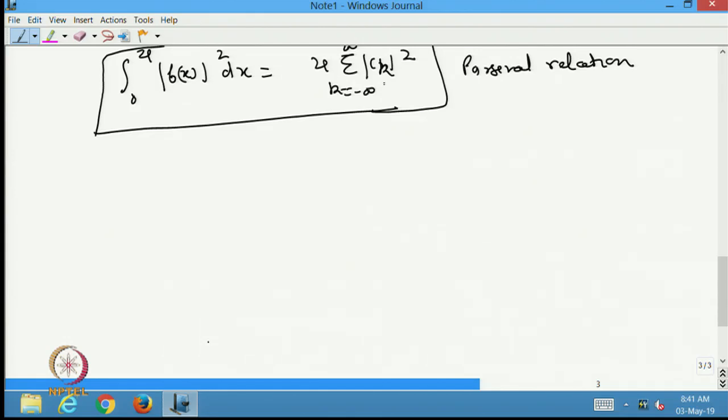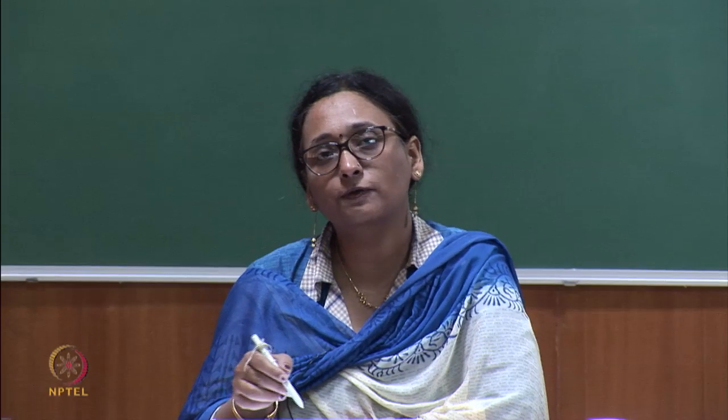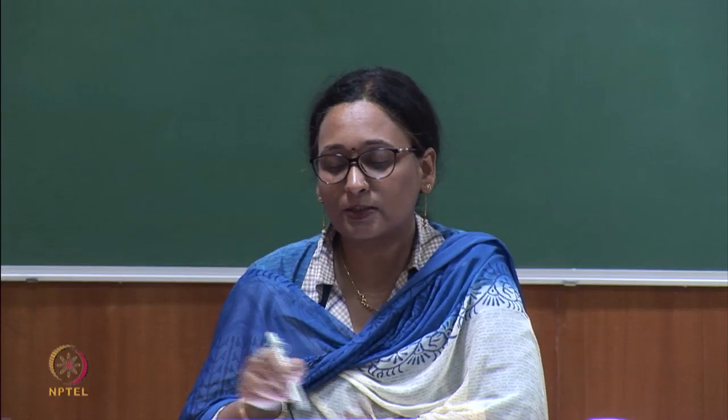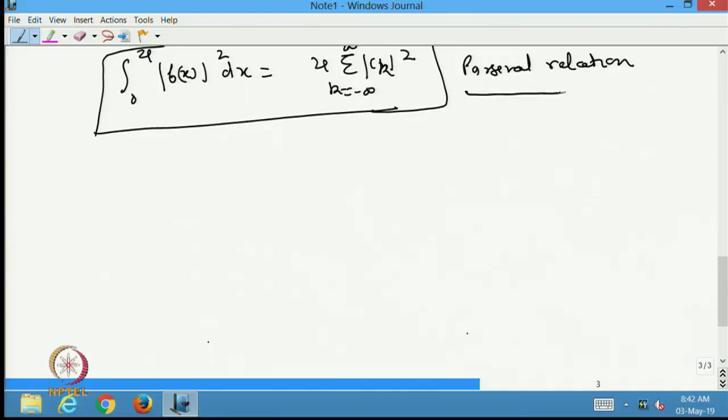If you remember, when we were discussing orthonormal basis and Riesz basis, we were writing some conditions. c k is basically the inner product of f with v k, where the v k's are exponential of i k x. So this is what the coefficients of the Fourier series satisfy. This relation is called Parseval's relation.